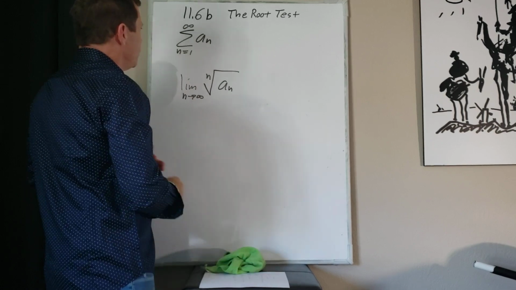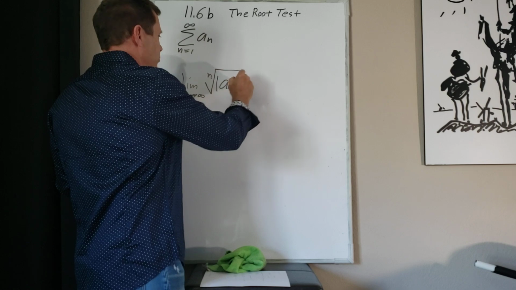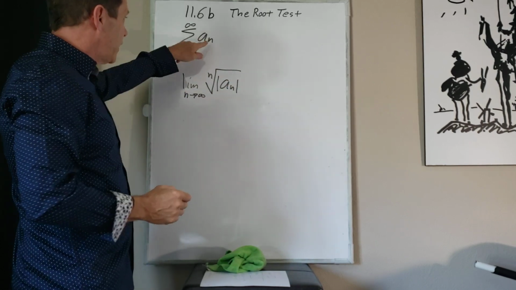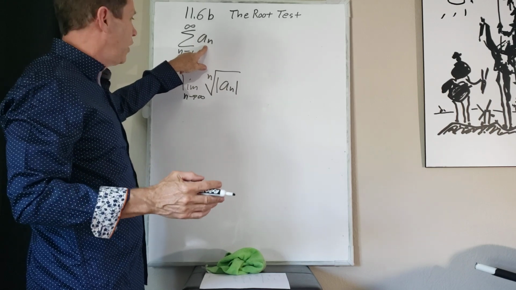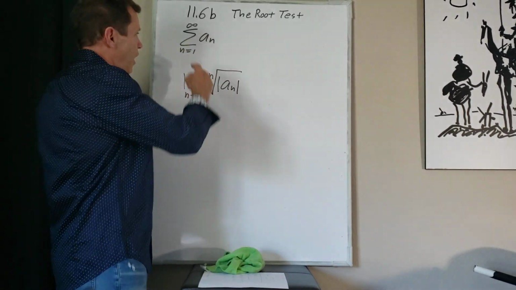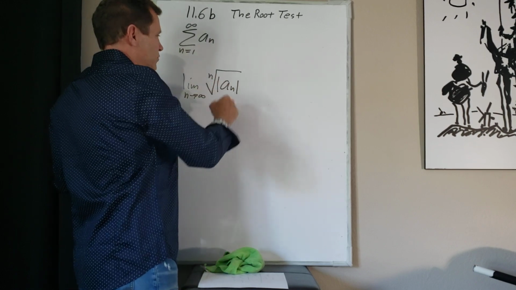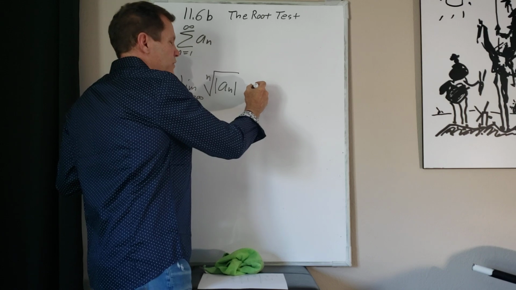So again, you take a series, and one more thing, absolute value inside. You can take a series whose inside parts are positive or negative, you don't care what they are, and you look at the sequence of the nth root of the absolute value of the inside parts. It's exactly like the ratio test.